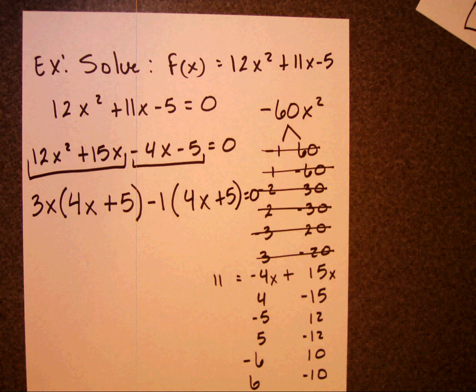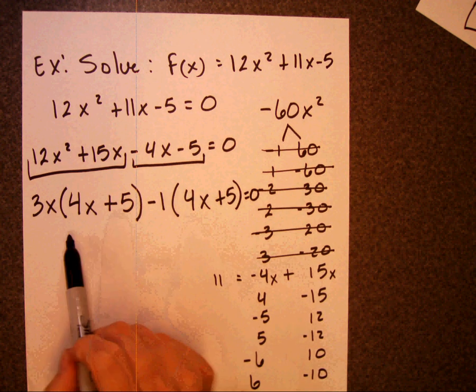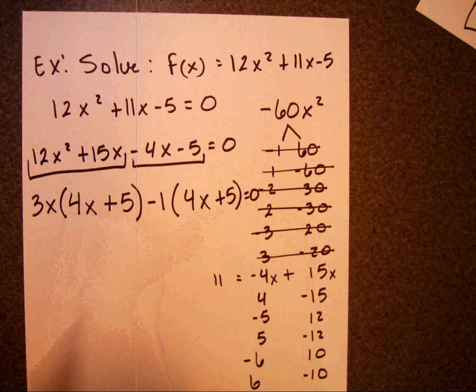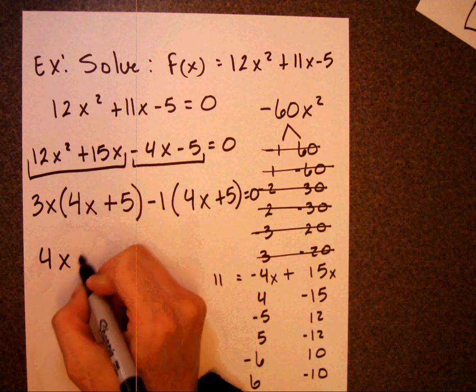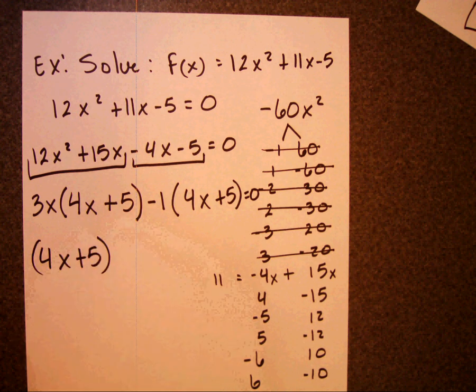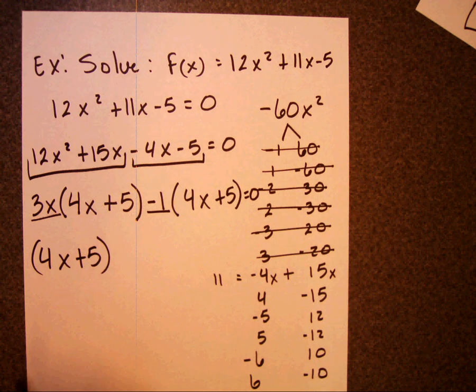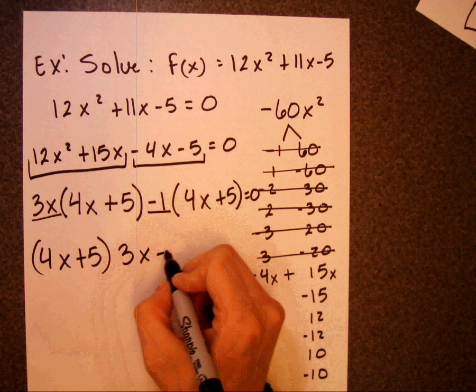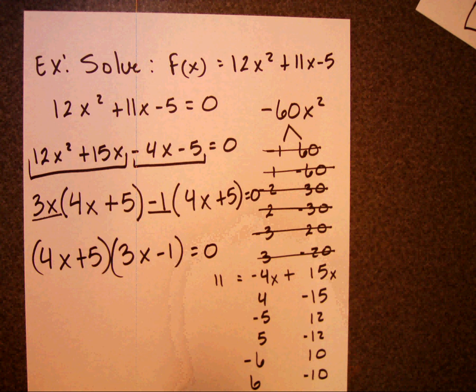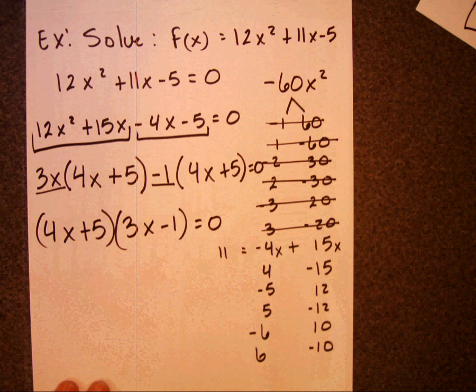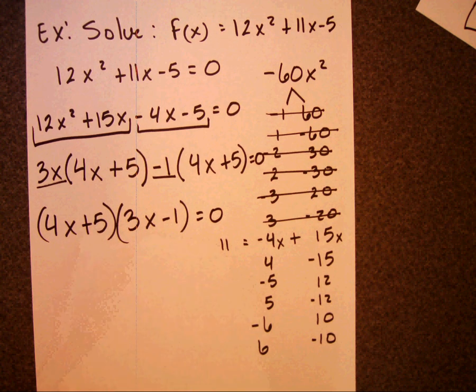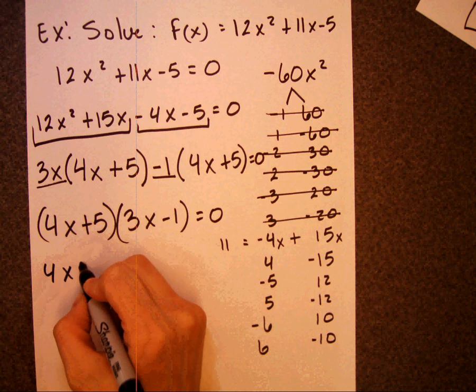So now that I have it factored, what's inside the parentheses is the same, so I'll take that as one of my factors. And what I factored out will be my other factor. So 3x minus 1 equals 0. Now that I have it factored, I'm going to take each factor and set them individually equal to 0 and solve.